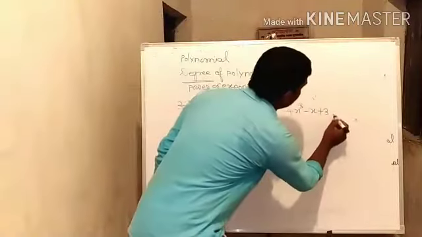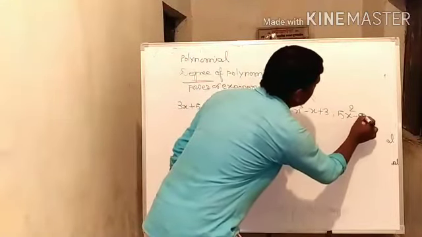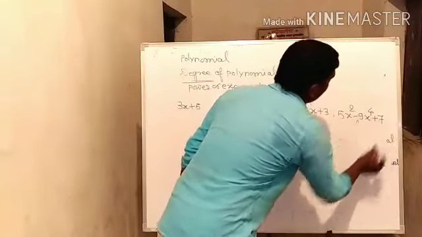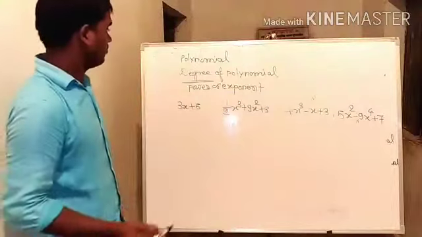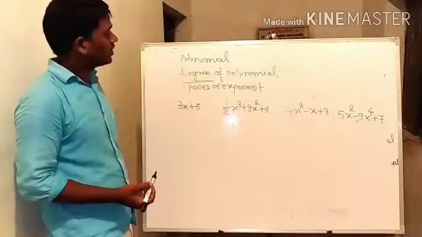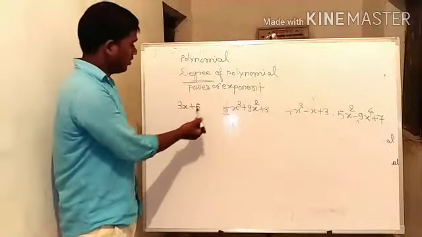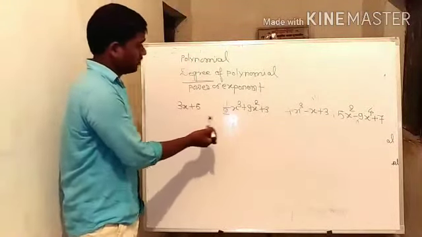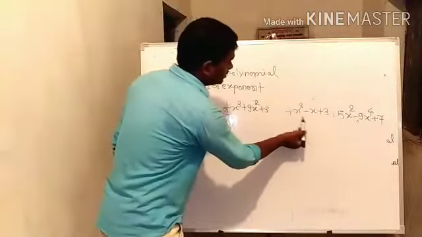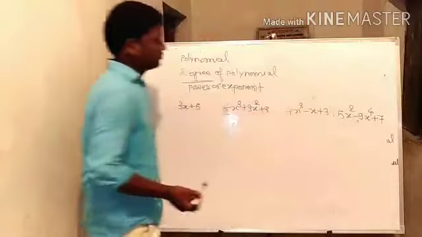Another example: 5x square minus 9x to the power 4 plus 7 is also an example of polynomials. In these polynomials, how can we identify what is the degree of each of these polynomials?